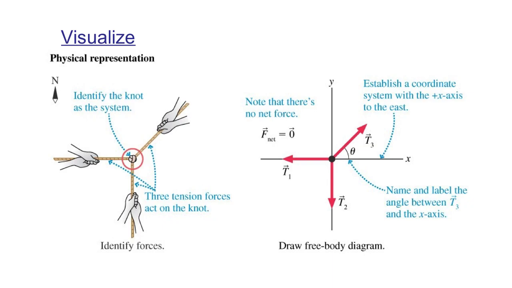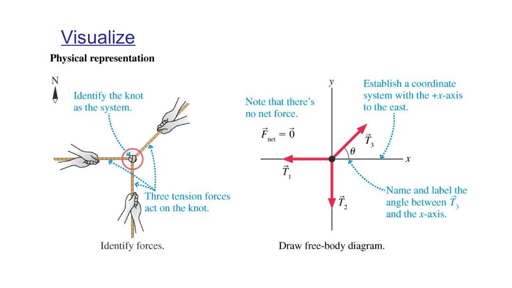Here's an algebra trick. Now what I'm doing is the problem was asking what does T3 have to be in order to balance T1 and T2? I'll give you this trick and you'll never forget it if you practice it. There's a really easy way to solve this problem. Here's what we're after: T3 and theta.